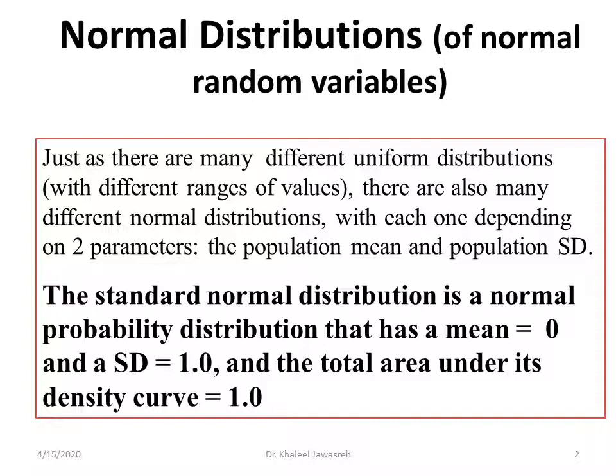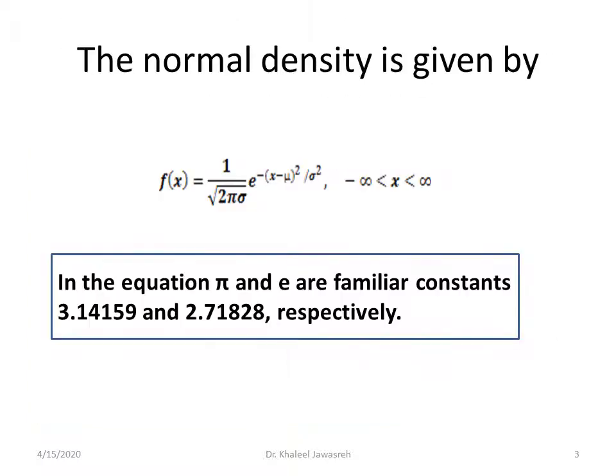It has a 0 mean, 1 standard deviation, and the total area below the curve is 1. Those are the main characteristics of the standard normal distribution curve.